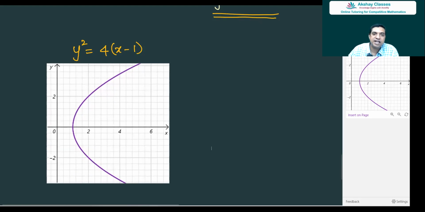This curve has a name. This is called a parabola, which you will be learning in the second year or class 12th. This is a parabola, one type of parabola.